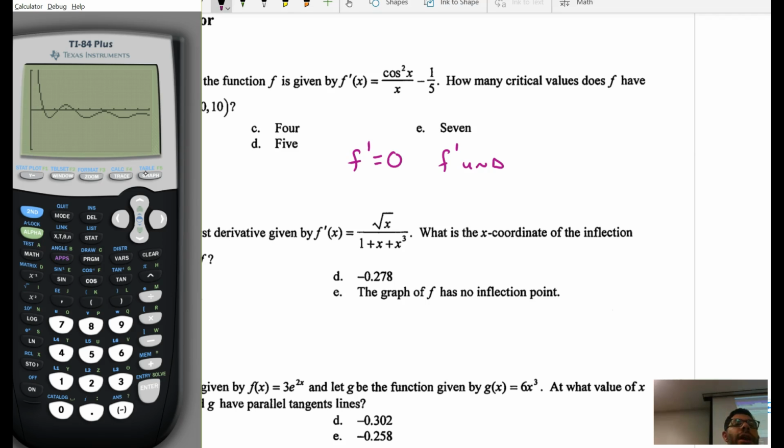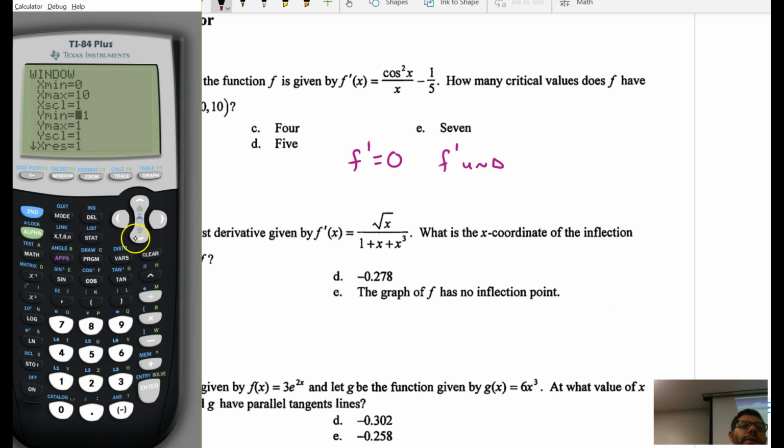We're looking to see are there any values between 0 and 10, not including 0, not including 10, where f prime is either equal to 0 or undefined. How many values does it look like we have? It looks like 3, and then it looks like this one point where we're not quite sure if that point is touching the x-axis or not, so then we're going to adjust our window.